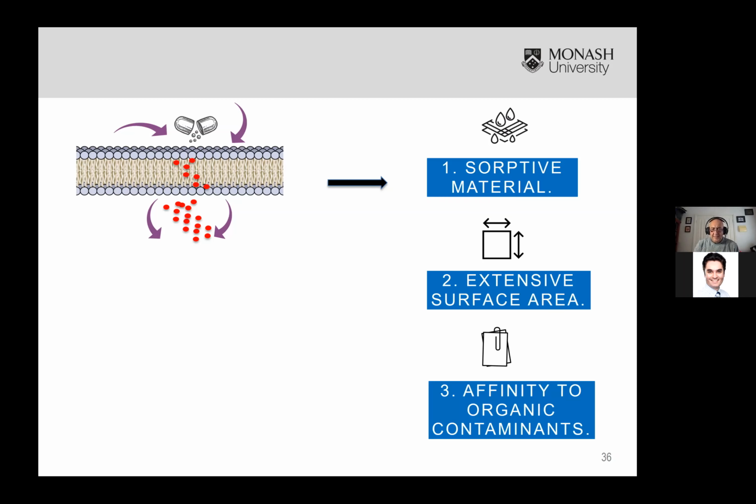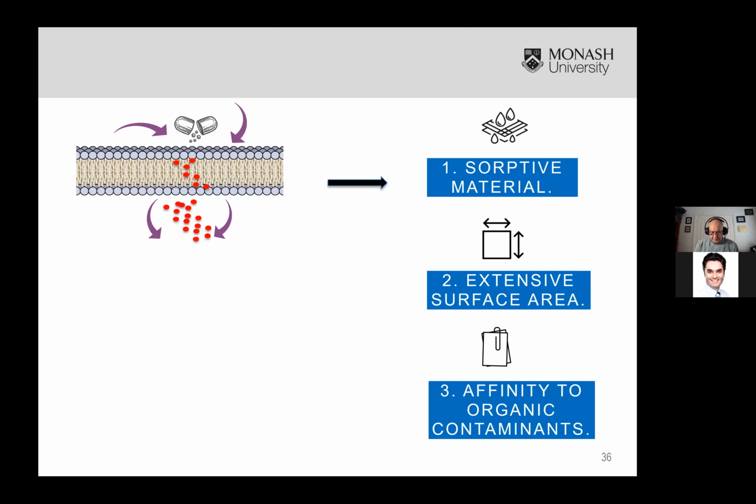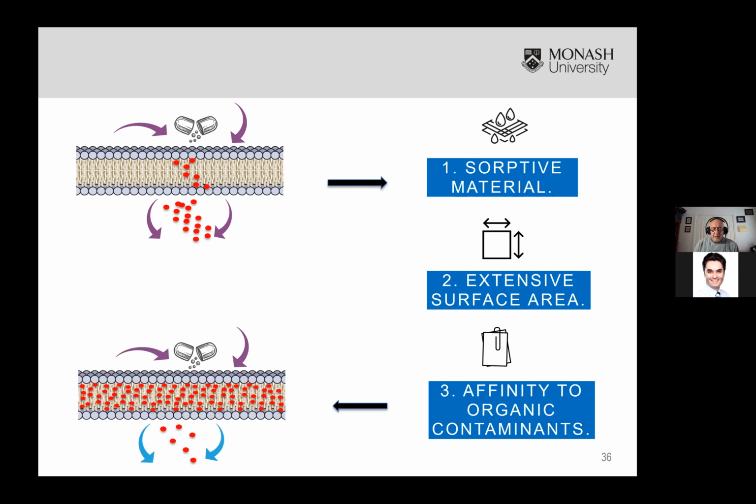As a matter of fact, if we have identified such a material, then we can come up with a product which should be able to minimize the migration of PFAS.